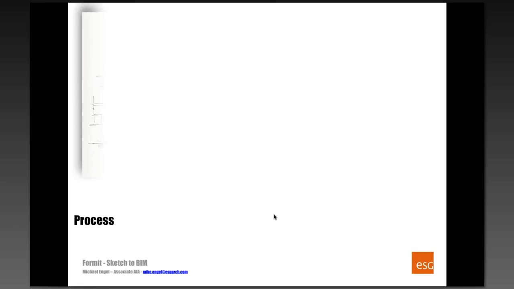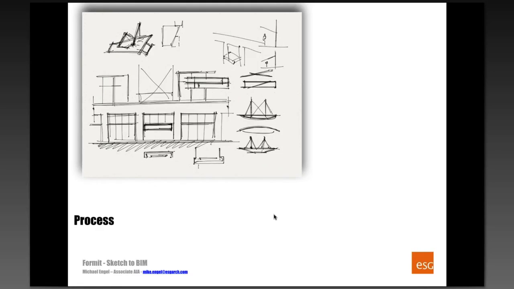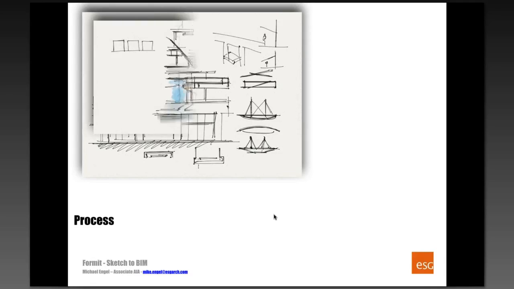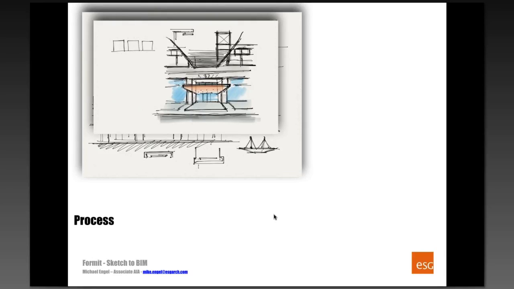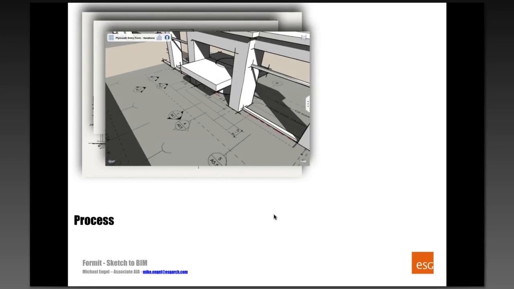So here is another process, to continue to show you how it works through sketching. This is for a canopy design that's under construction. Again, starting with a sketch, understanding very loosely what we're looking at for ideas, all done digitally. This was a condition where we had an existing Revit model that was very large, a 12-story building.